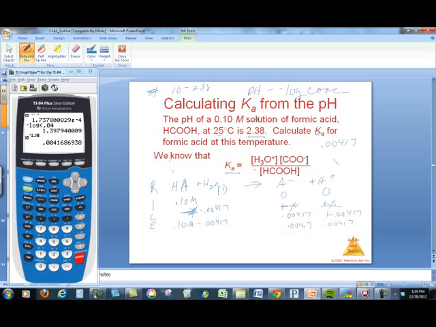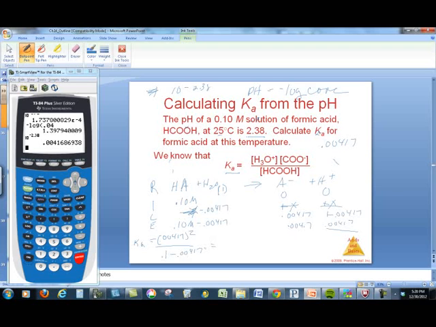So I can use this equation now. I know that Ka is hydronium times the anion over HA, the original acid. So Ka is going to be my H3O plus, which is right here, 0.00417. My anion is the same, so I can just square that, right? Over 0.1 minus 0.00417.